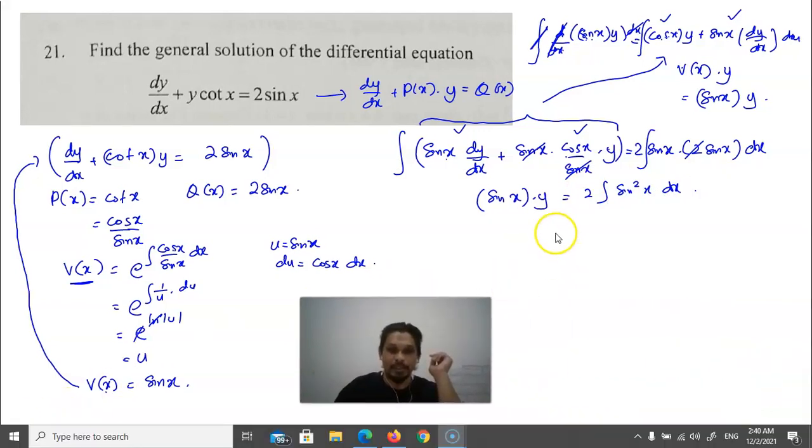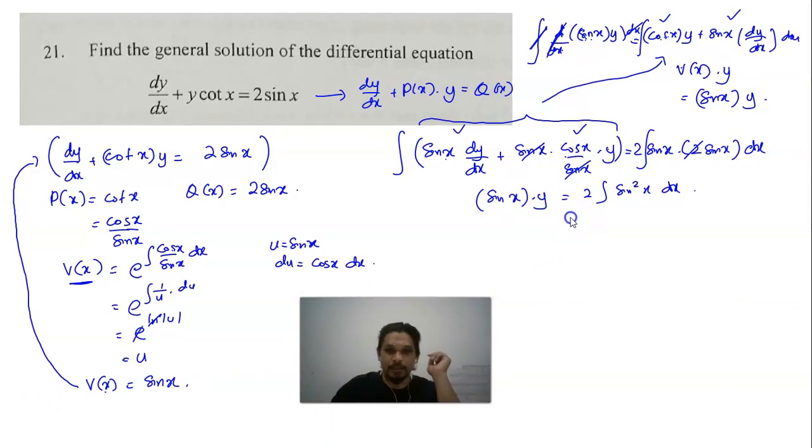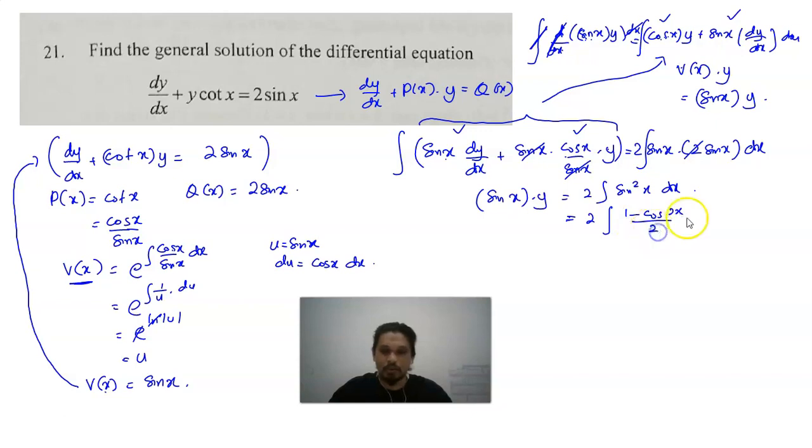Then we use the half angle formula for the integral of this, which gives 1 minus cos 2x divided by 2 dx. So 2 multiplied with this is 2 times 1 over 2 integral of 1 minus cos 2x dx.